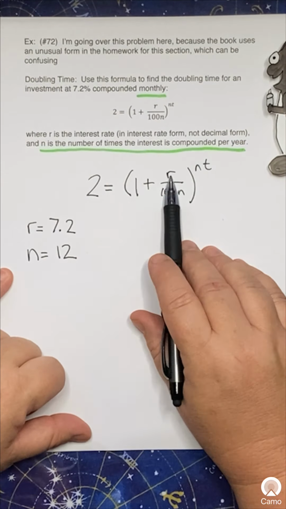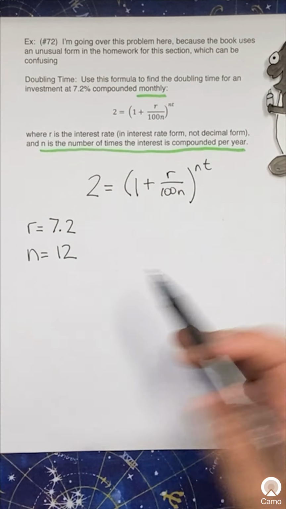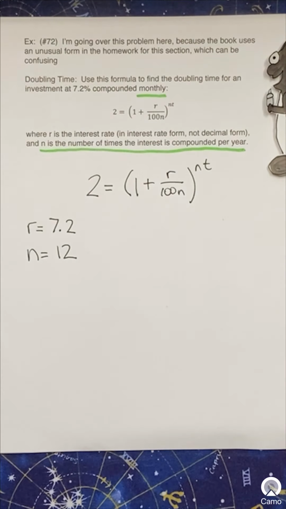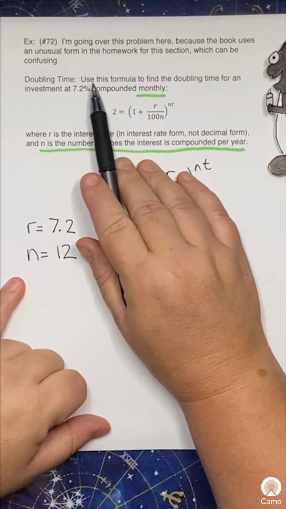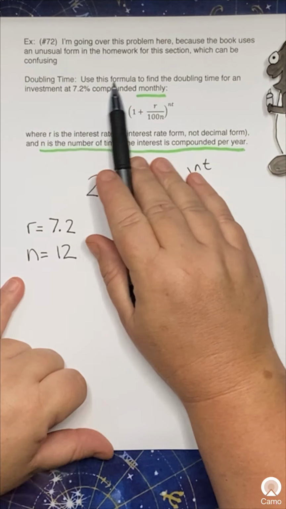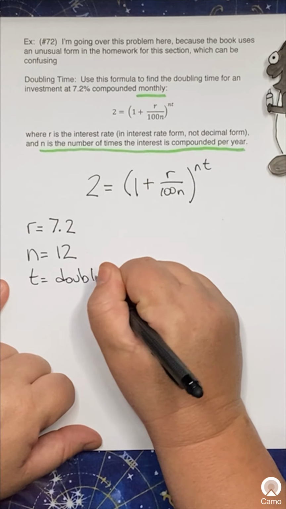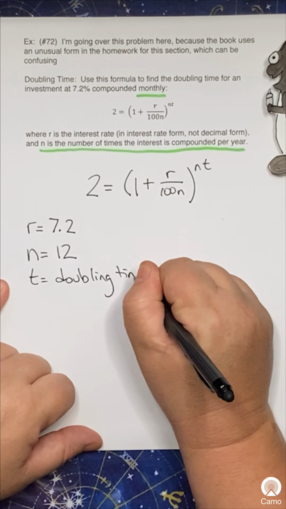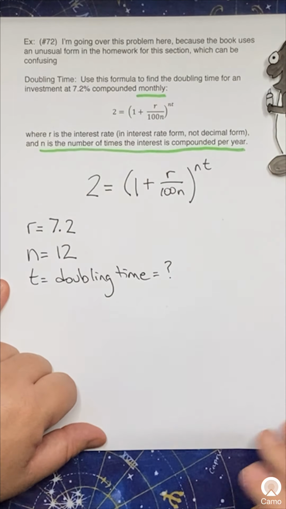Okay, I've got an R, I've got an N, and I've got a T. And you'll notice I've got an R and an N, but no T. And the answer is, use this formula to find the doubling time. So T is the doubling time, and that's the thing we don't know.